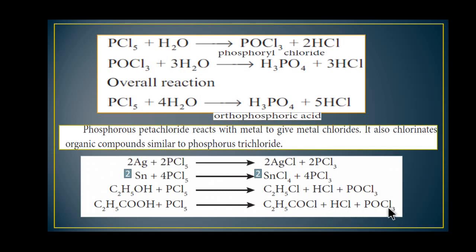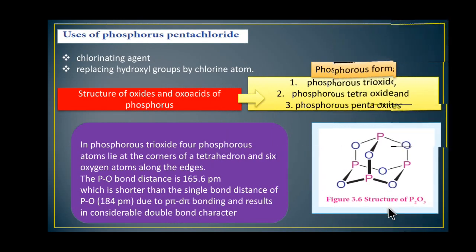Is it clear? And next, uses of phosphorus pentachloride, PCl5. This compound also acts as a chlorinating agent, replacing the hydroxy group by a chlorine atom. Is it clear?